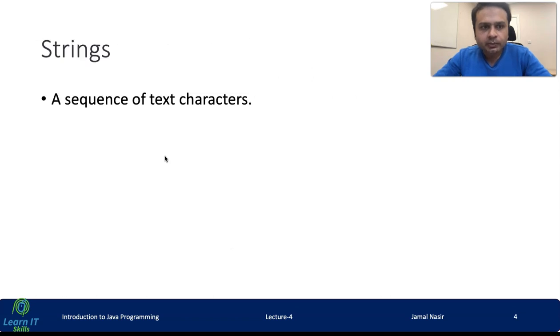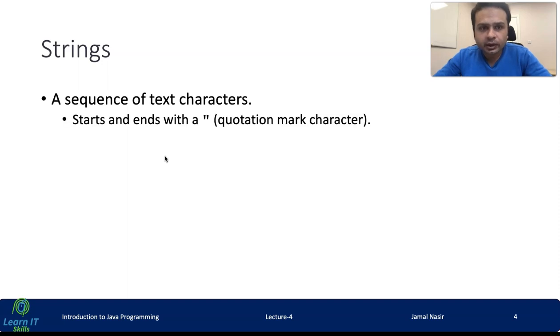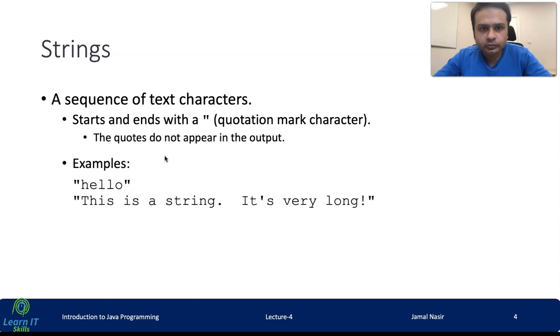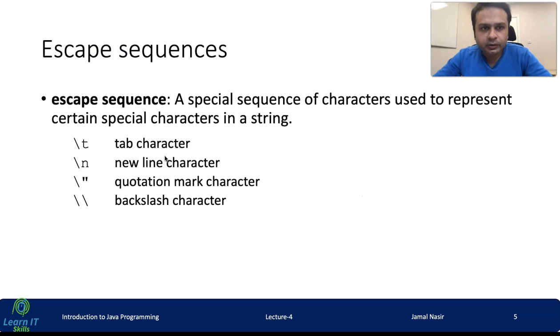Then we discussed strings, that a string is a sequence of text characters. It starts and ends with a quotation mark character, right? And obviously the quotes do not appear in the output. Examples are "hello", "this is a string", "it's very long".